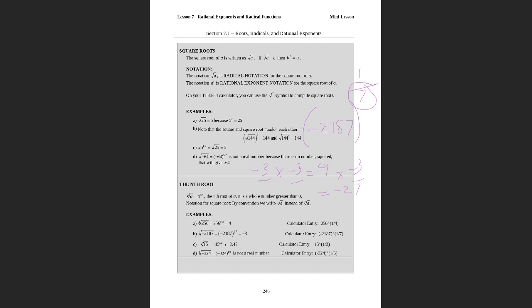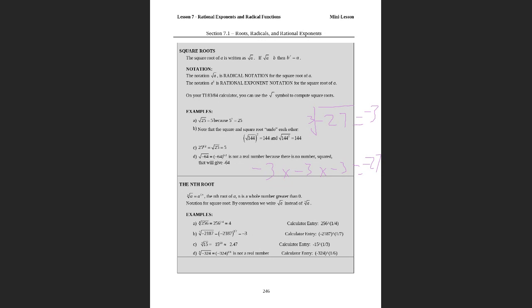Because this is an odd number root, you know that you're going to get an answer, just like what I did with the negative 27. Negative 3 times negative 3 times negative 3 equals negative 27. So if I do a cube root of negative 27, it's equal to what? Negative 3. Which means that negative 3 times negative 3 times negative 3 gives me negative 27. Okay? So that's how you work with these.